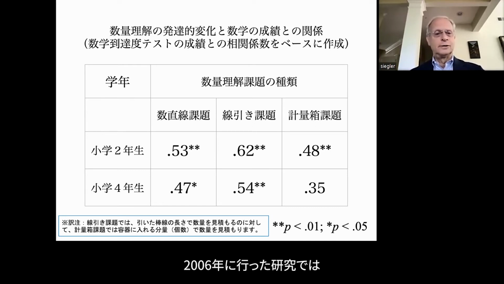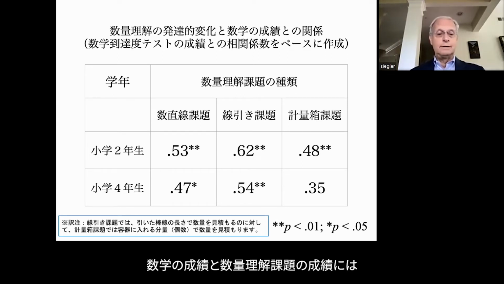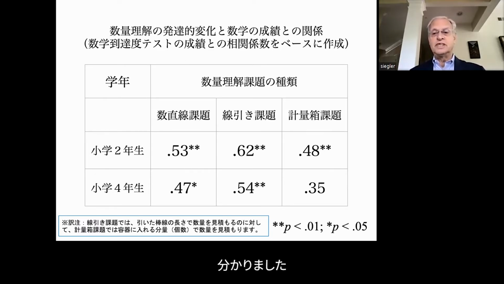So Booth and Siegler, 2006, looked at second and fourth graders, and they related the linearity of 3 different kinds of magnitude estimates to overall math achievement. Actually, it doesn't matter for our purposes what they were, but they're different tasks you can use. And as you can see, pretty substantial correlations at both second grade age, so at about 7 or 8, and fourth grade, 9 or 10, with overall math achievement on all 3 of these tasks.